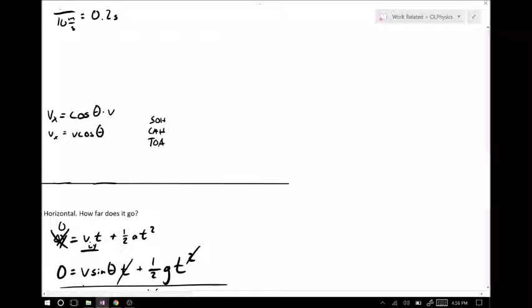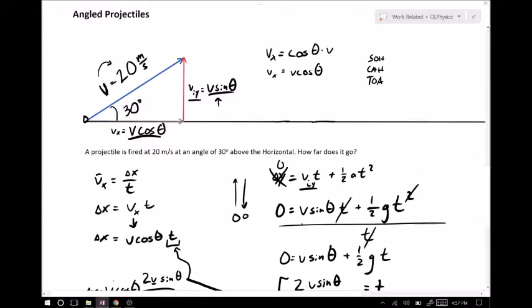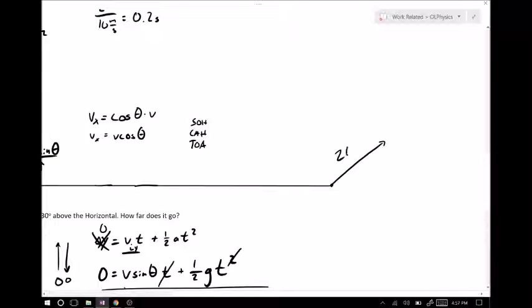So if you have a right triangle, they follow some rules. So we had a velocity of 20 meters per second. And then we had some of these components, right? We also had an angle, theta, which is 30 degrees.